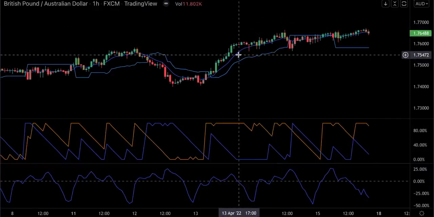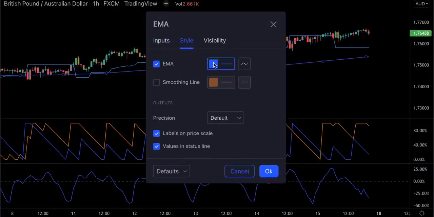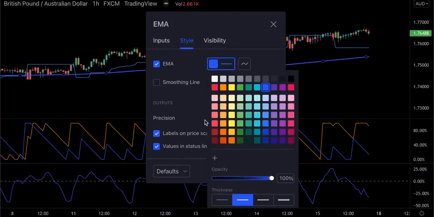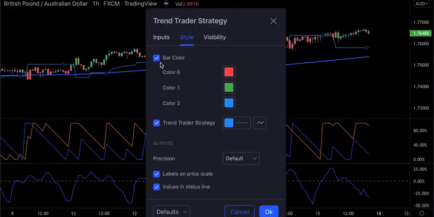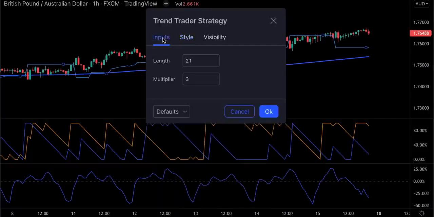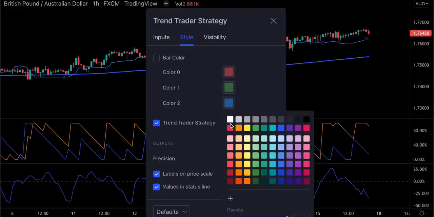Okay, now we need to adjust all of these indicators one by one. So let's first double click on our moving average and change the settings from 9 to 200 and make the line a bit thicker. Now let's double click on this Trend Trader, get rid of these bar colors and change the multiplier from 3 to 2. Also, we can change the color of the line.